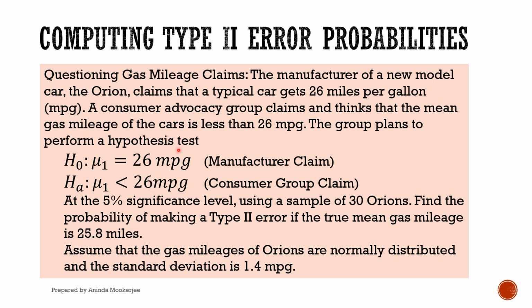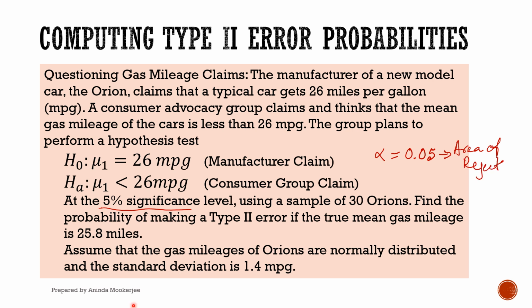So the original null hypothesis mean was 26 mpg. Since the alternate hypothesis has a less than, it tells us that it's a left tail test. The reject region will be to the left, and at the 5% significance level, alpha would be 0.05, which is also the area of the reject region.